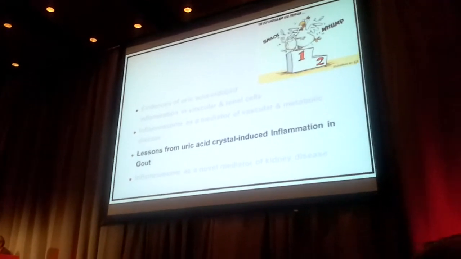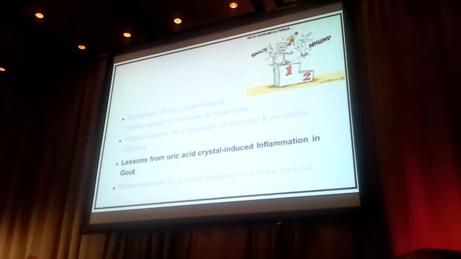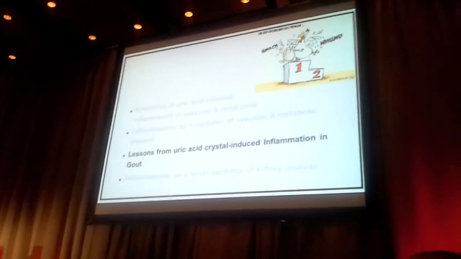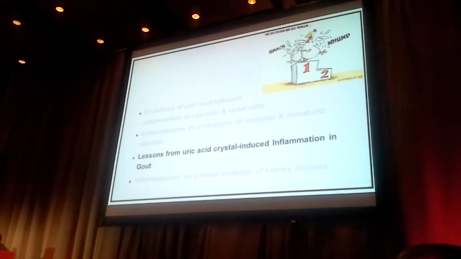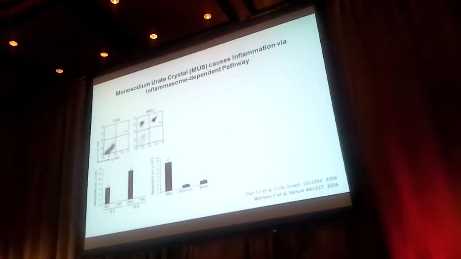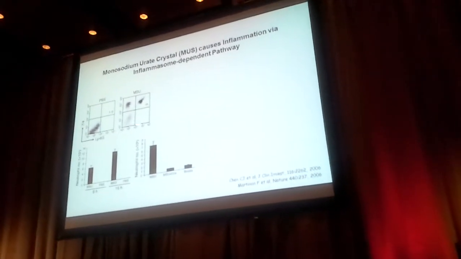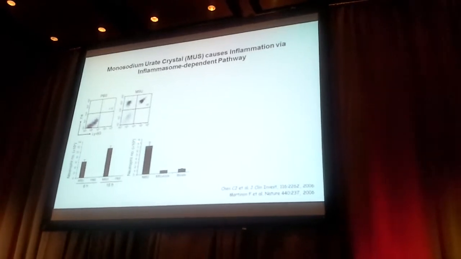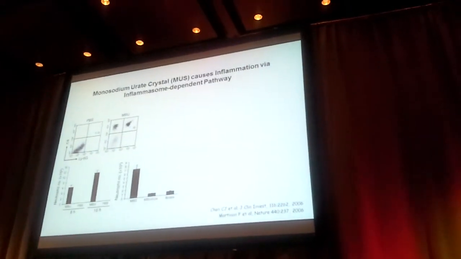I'm going to talk about lessons from uric acid crystal-induced inflammation in gout, because there are some lessons from this data. We all know gout is an inflammatory disease induced by monosodium urate. Monosodium urate injection actually increased neutrophil influx, shown here, and treatment with uricase decreased the monosodium urate-induced neutrophil influx.